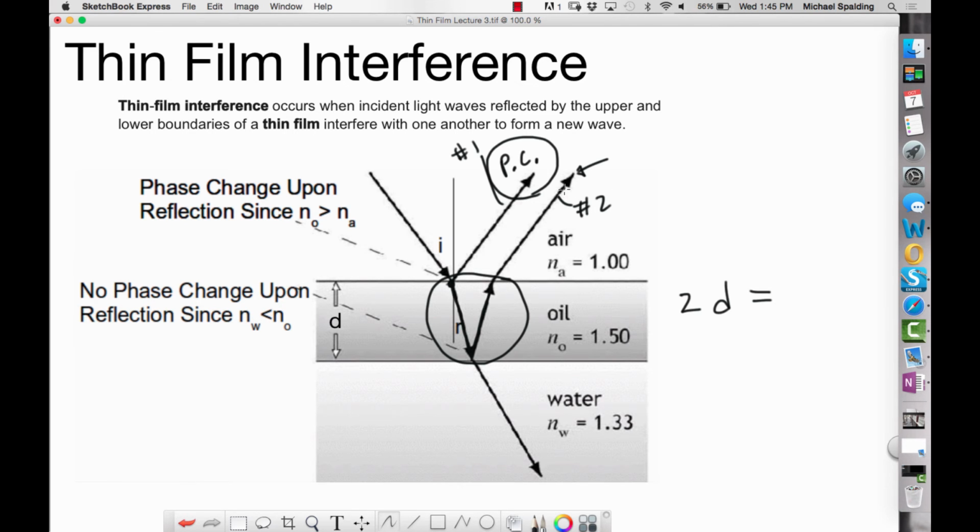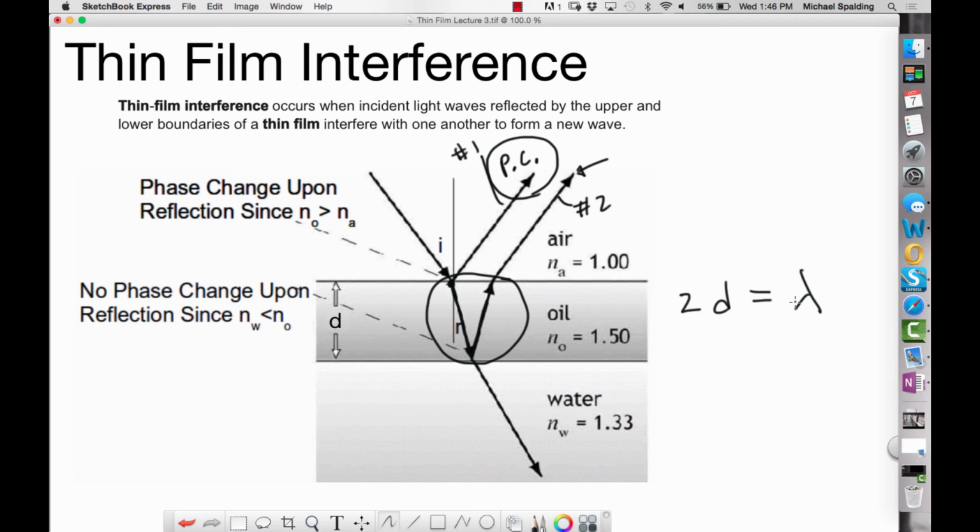What would have to be true about the extra distance traveled? It's some multiple of a wavelength. If it were equal exactly to one wavelength, would that put it back into phase?